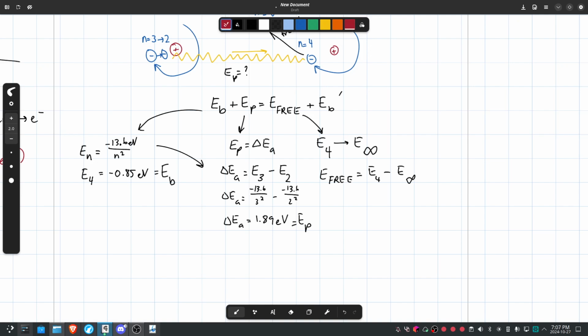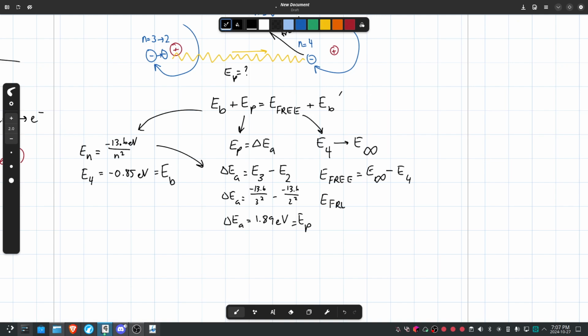Or would it be the other way around? Yeah, it would be the other way around. Sorry. It doesn't matter. If you get the wrong sign than what you're expecting, it's probably just because you flipped the order. Just flip it back. I don't concern myself with signs. I just figure out the sign after.